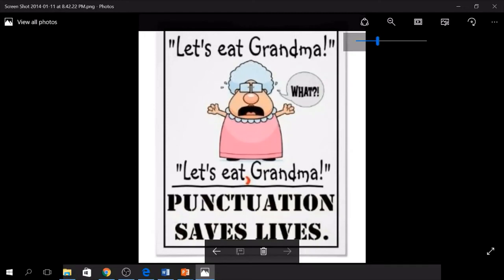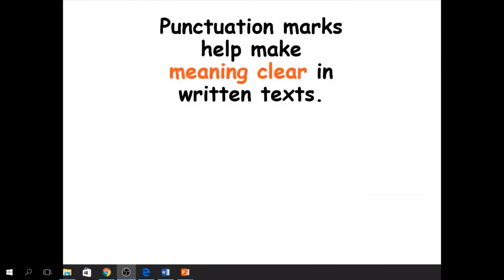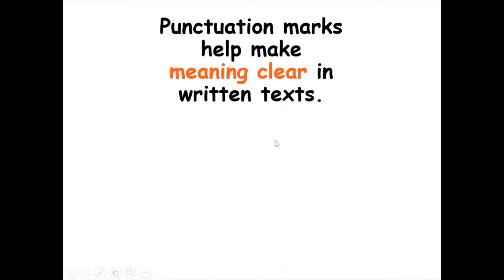You obviously cannot eat grandma, right? So for reasons like this, punctuation is very important. Just put a comma there and the whole meaning changes. Let's eat, grandma. So punctuation saves lives. This is one of the most important reasons why you should use punctuation correctly. All right?